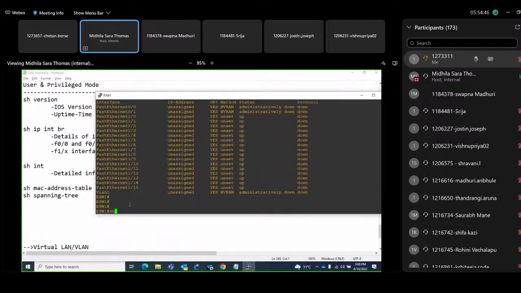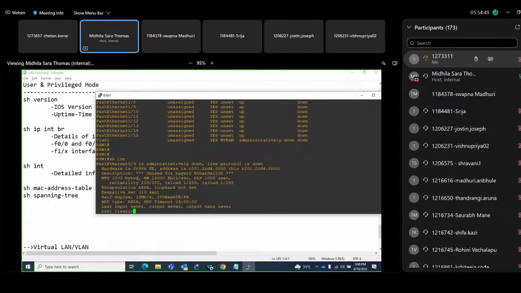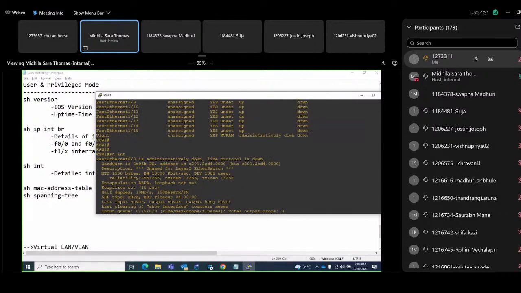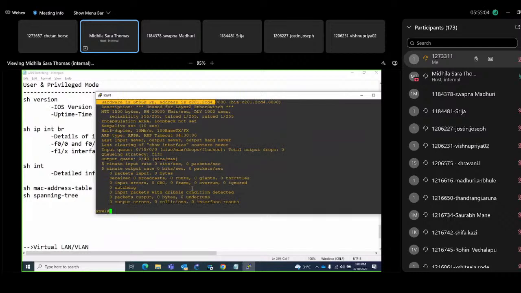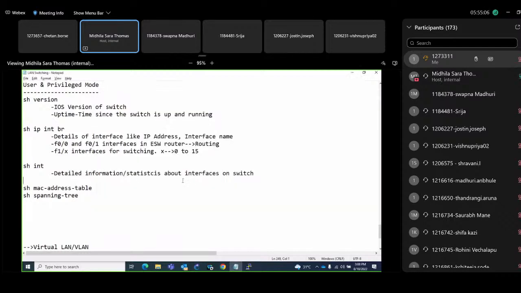You know this, right? Have you used this command, show interfaces? When you learned bandwidth, delay, load, reliability for the EIGRP protocol, and the burned-in address of that interface, a lot of things like that, you know it, right? The detailed information. Show interface name also will show that.